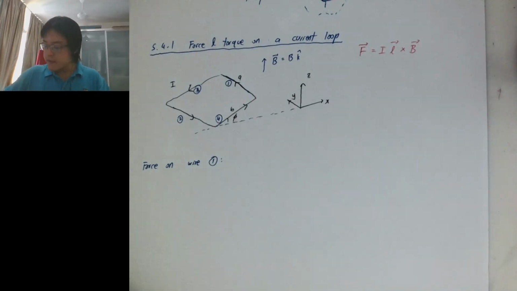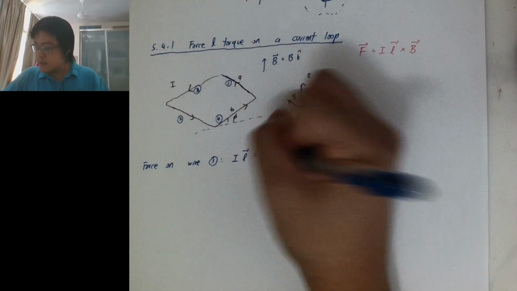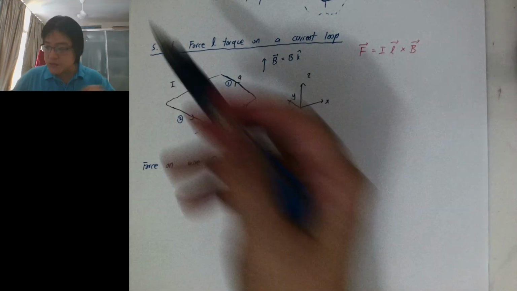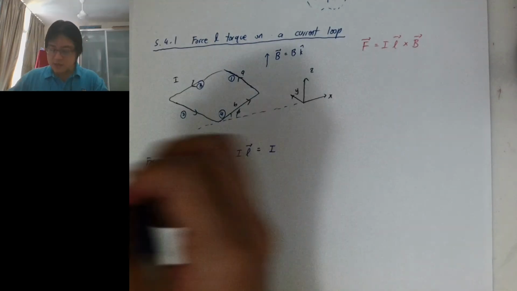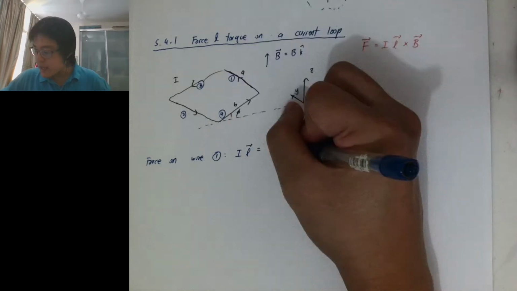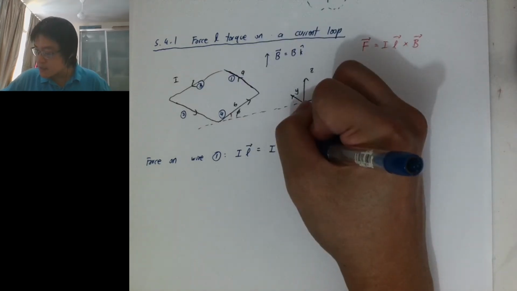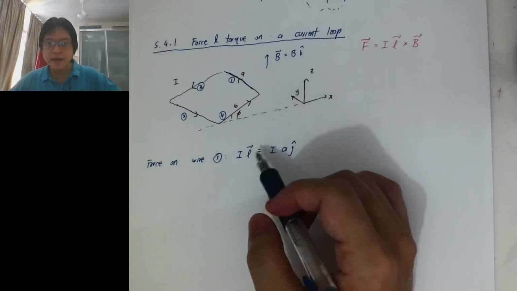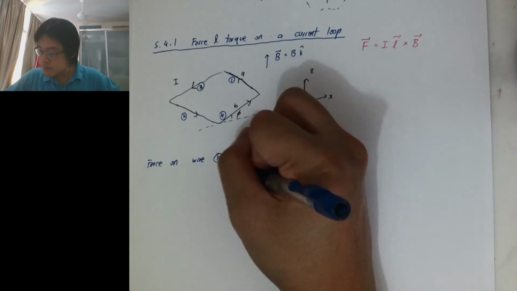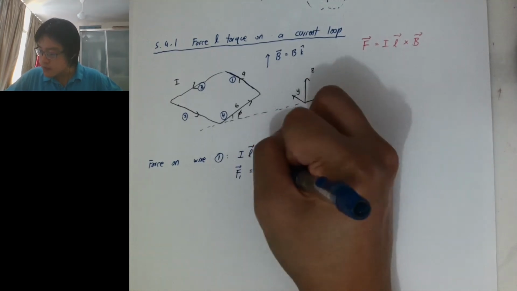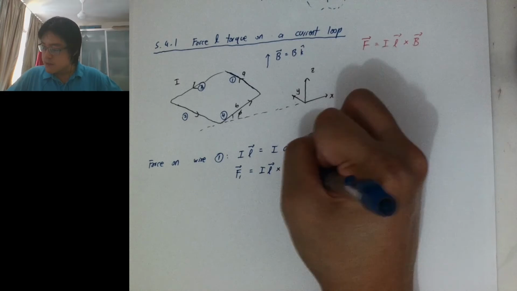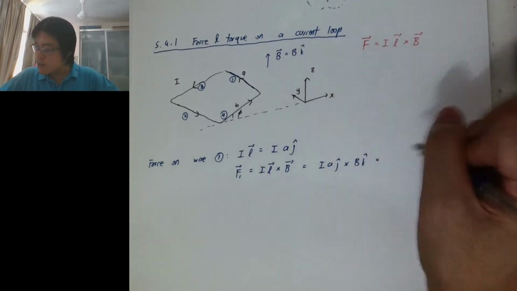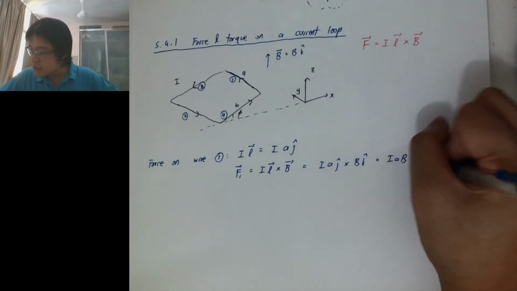The IL in this case is a current of magnitude I, and the L is going along the y-axis. So it is just the length of this wire. L is just A, and the direction is the j direction, right? So this is IL. Therefore the force on this piece, according to the Lorentz formula, is IL cross B, right? So IL is IAj, and B is Bk. So what I have here is IAB j cross k, right?